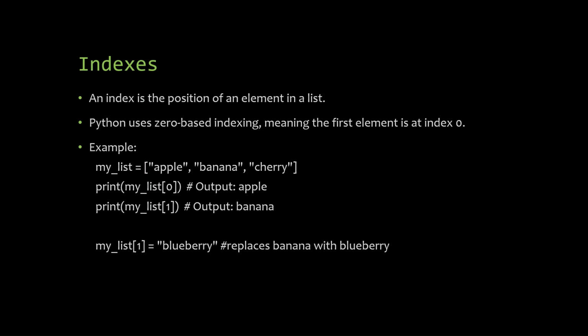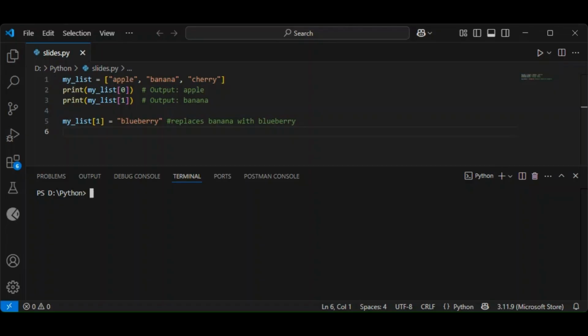As you can see, we have a new list that has apple, banana, and cherry inside of it. And I can use what we call an index in order to access different items inside my list by their address. As you can see, I've copied our sample code into a Python file.